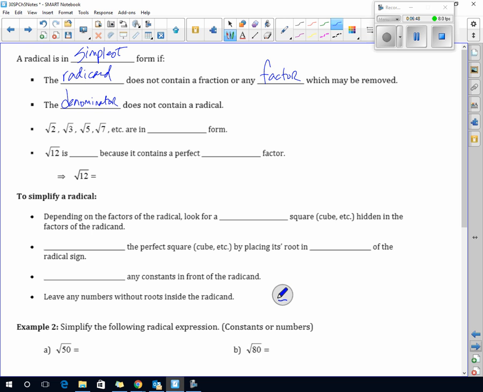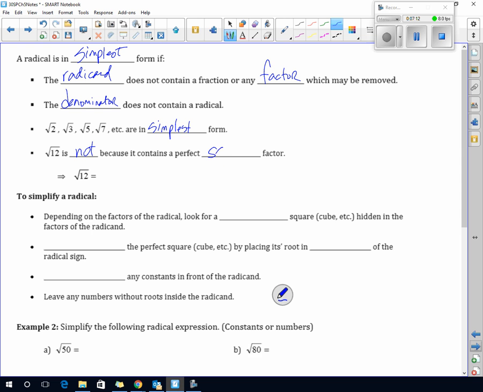However, root 12 is not, because it contains a perfect square factor. What's that perfect square factor? 4. So I think in grade 10 they got you to rewrite this as that perfect square. So root 4 times root 3, because 4 times 3 is 12.